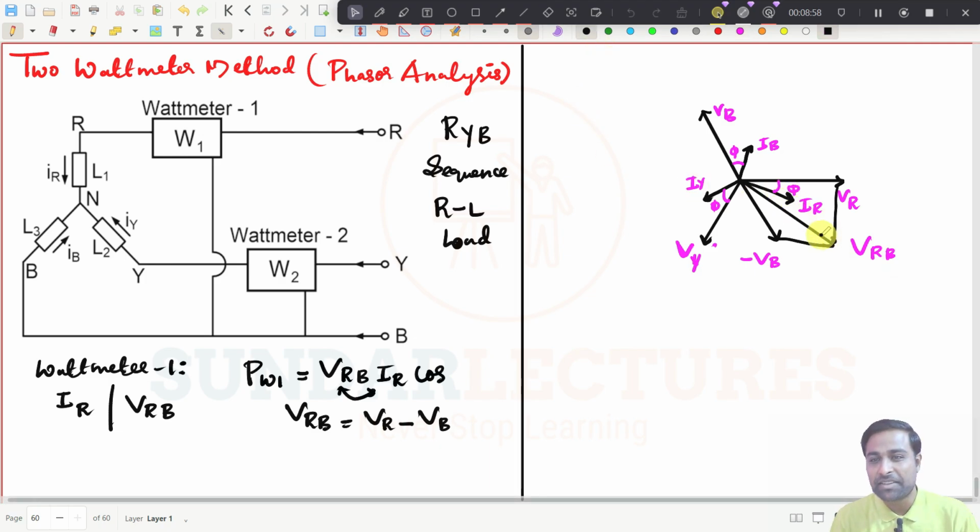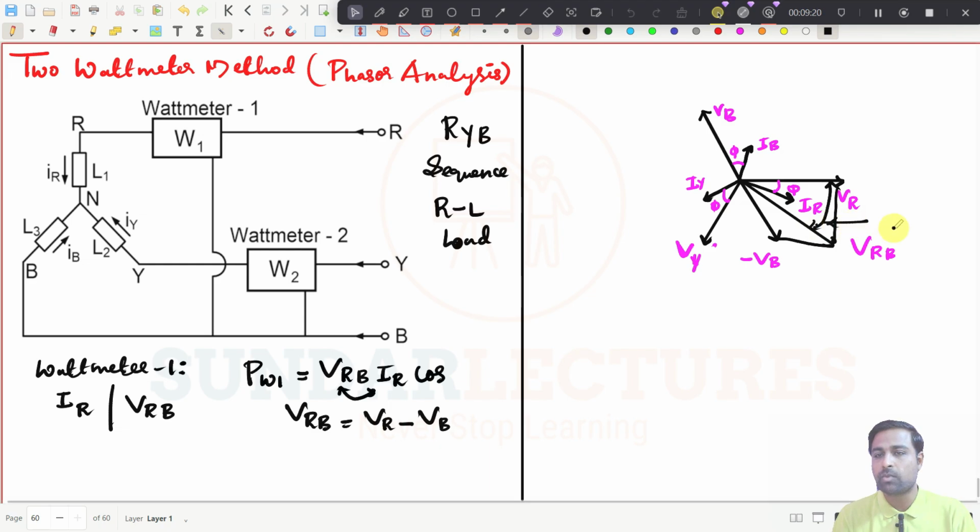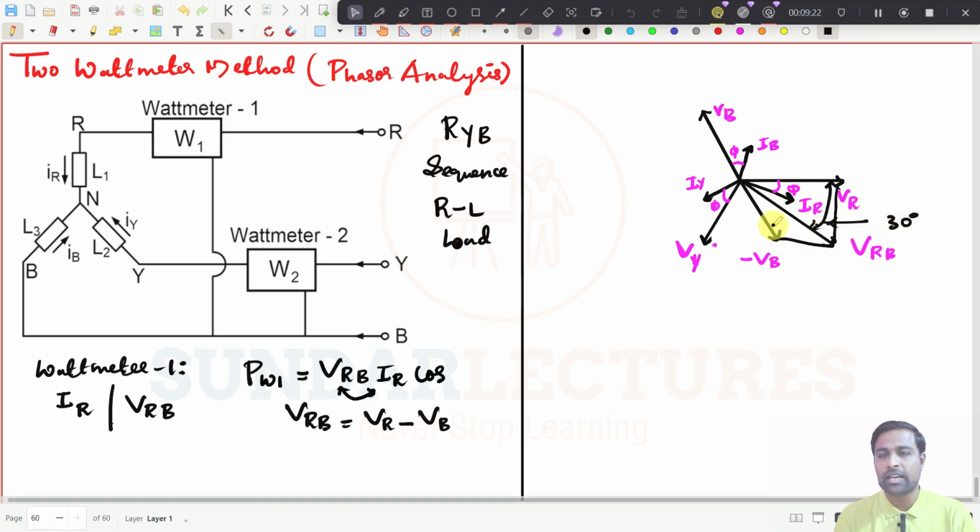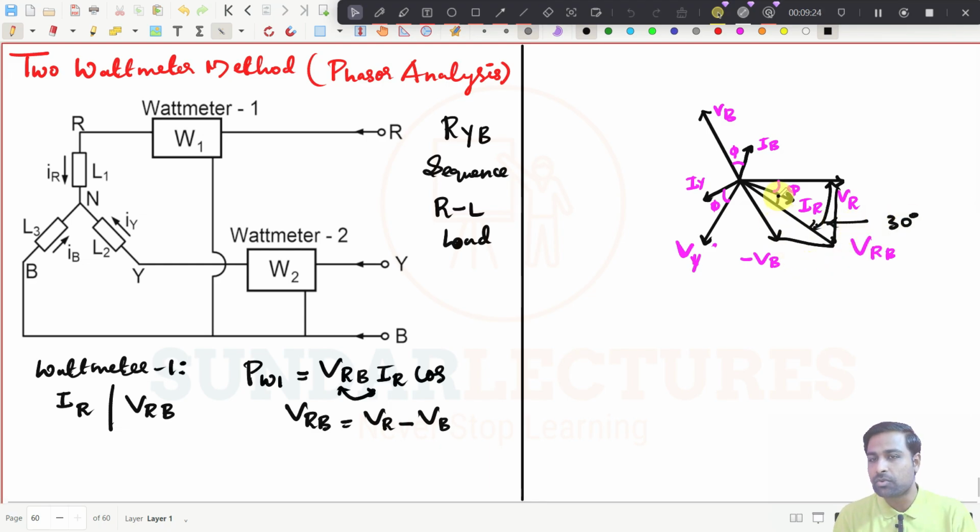See here, the angle between this particular phase and this particular phase. What is the total angle between these two? That will be 30 degree, right? Simply if you take the angle between the whole thing, this between these two is 30 degree, right?